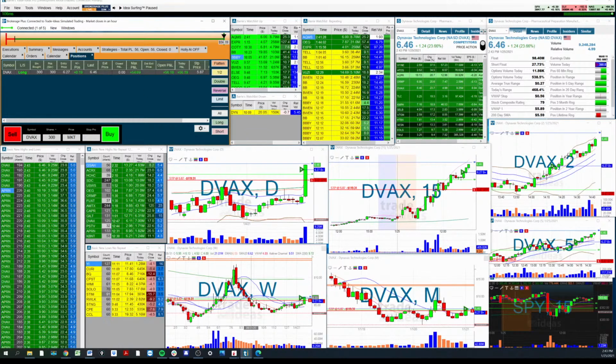Refresh my memory. The next high looking left, well, that's at 645. It's right there. The next high after that, 727. I mean, this has got so much potential. DVAX.